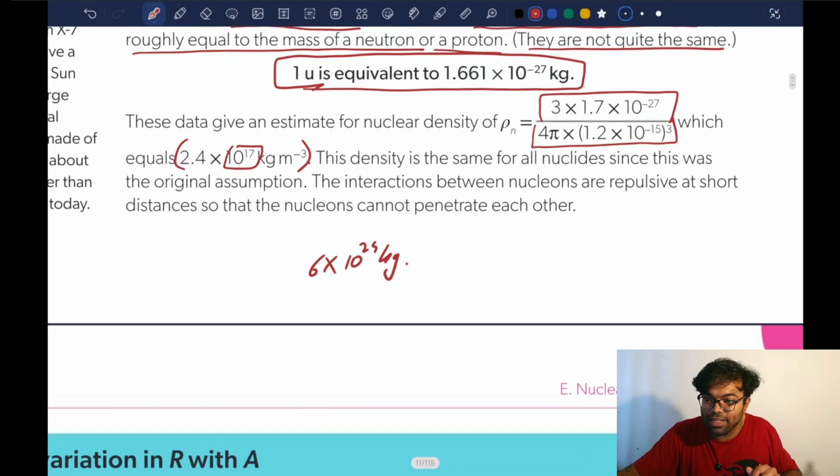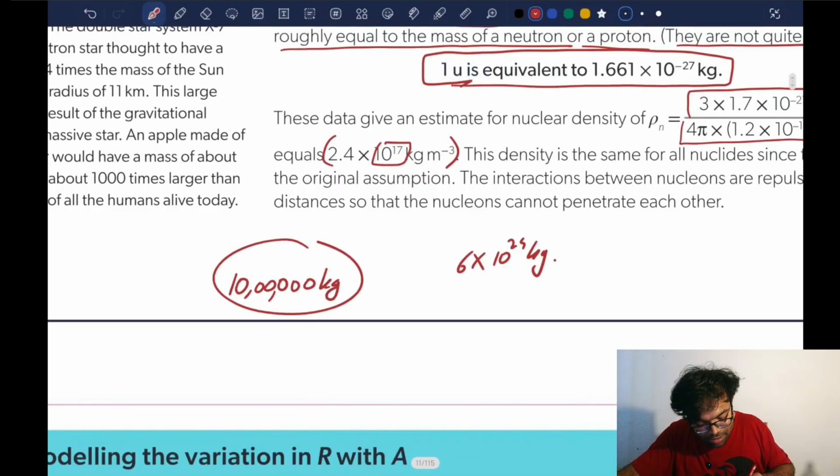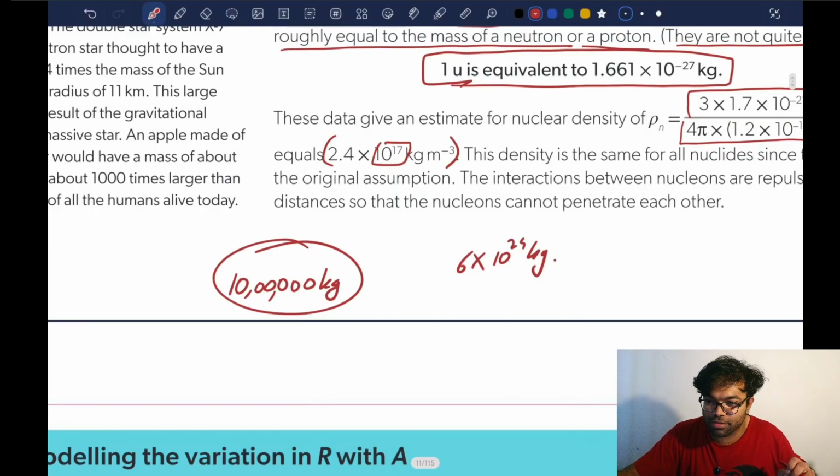That is basically 17, 18, 19, 20, 21, 22, 23, 24. That is approximately 10 lakhs. 10 lakh kgs of neutrons. 10 lakh kgs is nothing.